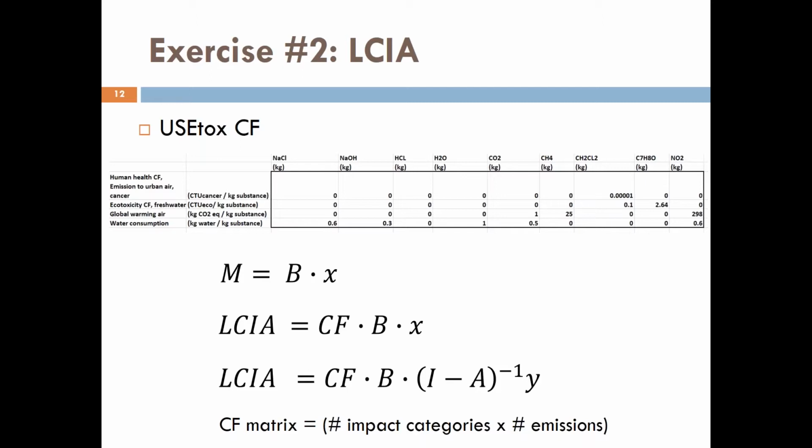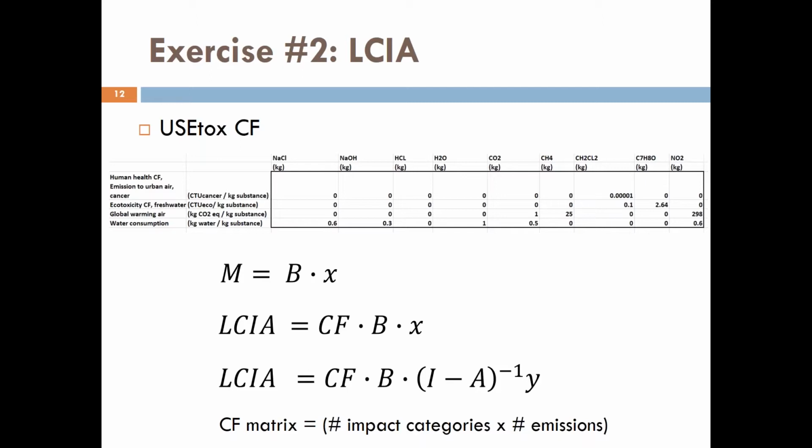So this carcinogenic impact is all zero except for the CH2Cl2. So that one has 0.00001, and all the rest is zero. That's easy then. Well, for the ecotoxicity characterization factor for fresh water, we have a few elements that go into the category. As you can see, the last three, the third and second to the last column.